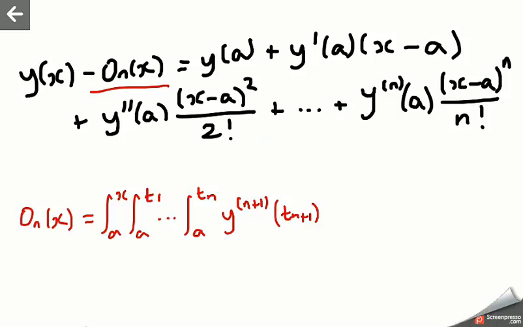Then we take the integral with respect to t1 all the way back to t2, dt2, and then dt1 is the last dummy variable we need.